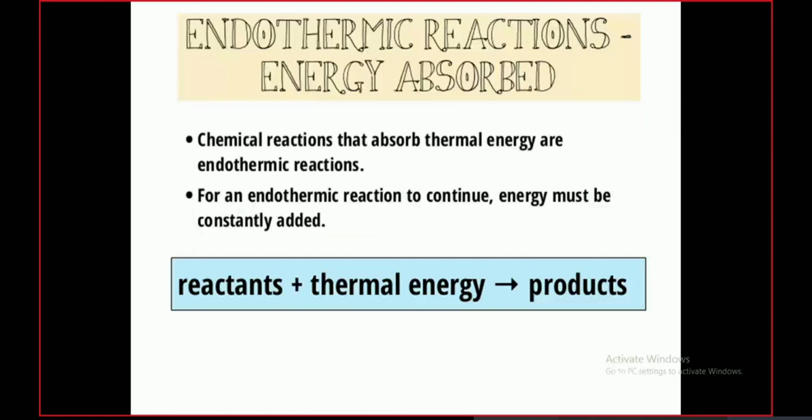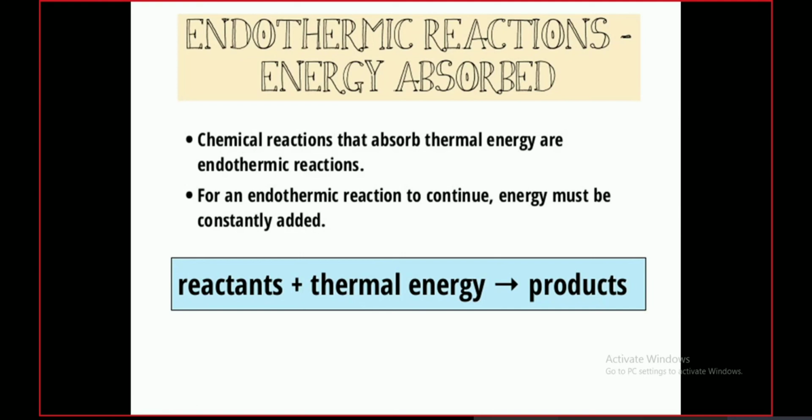So revising and adding a little more explanation on the endothermic reaction, which are energy absorber reactions. For an endothermic reaction to continue, energy must be constantly added. Looking at this equation, for reactant to convert into product, energy must be given to them. So they are absorbing the energy continually, which is written as thermal energy.